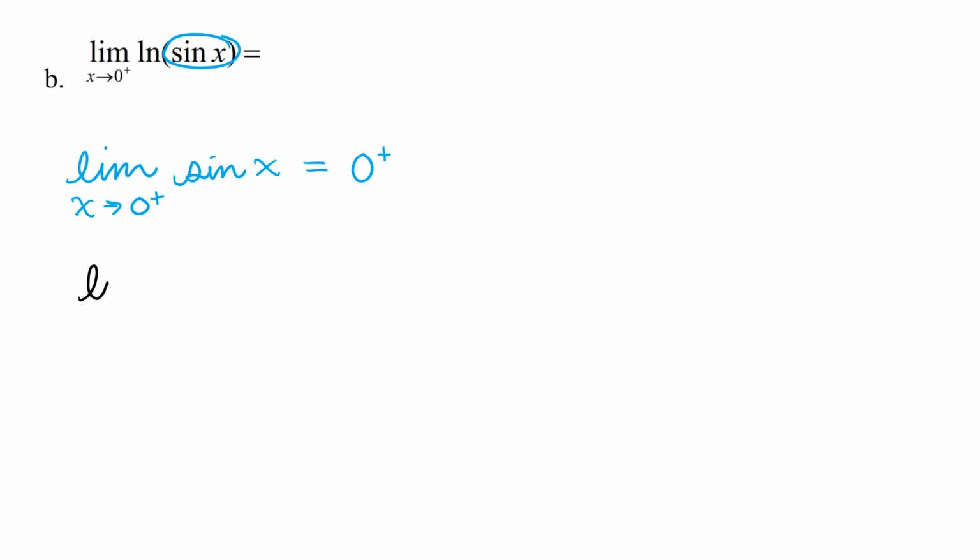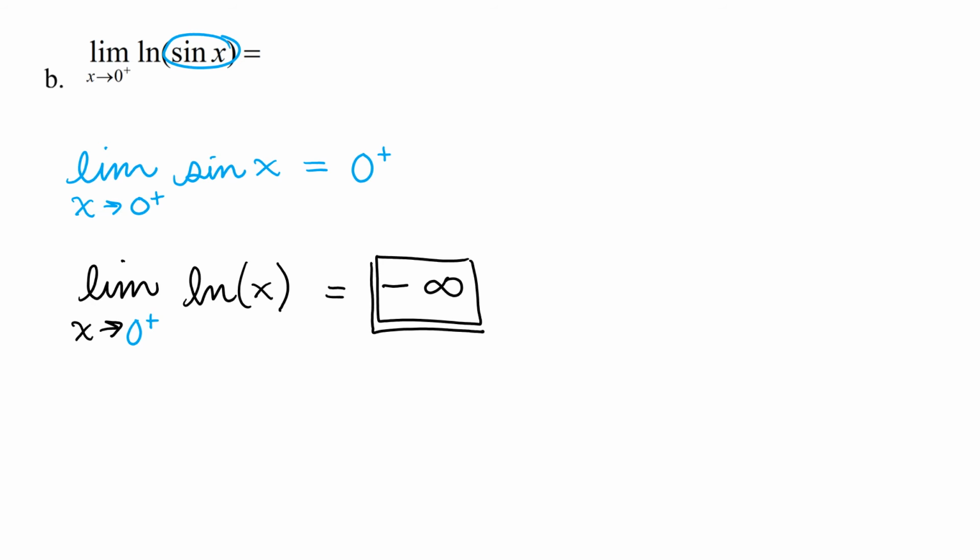So now we can find the limit as x approaches, again, coincidentally, the same, 0 from the right of the natural log of x, which is our outer function. The limit as x approaches 0 from the right of the natural log of x is negative infinity. So when you have a one-sided limit of a composite function, that side that you're approaching is going to follow you along.